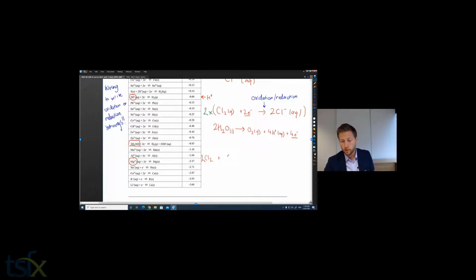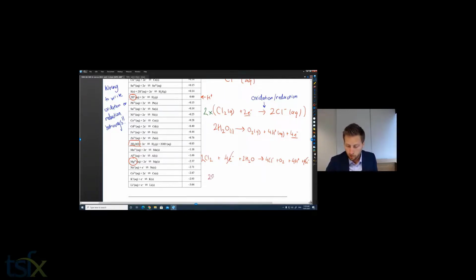So 2 chlorine plus 4 electrons, because we multiplied everything by 2. The electrons will cancel out in a moment. Plus 2 waters, which then goes to 4 chlorine minus, put states in a minute, plus oxygen gas, plus 4 hydrogen ions, plus 4 electrons. Cancel the electrons on both sides because they're common.